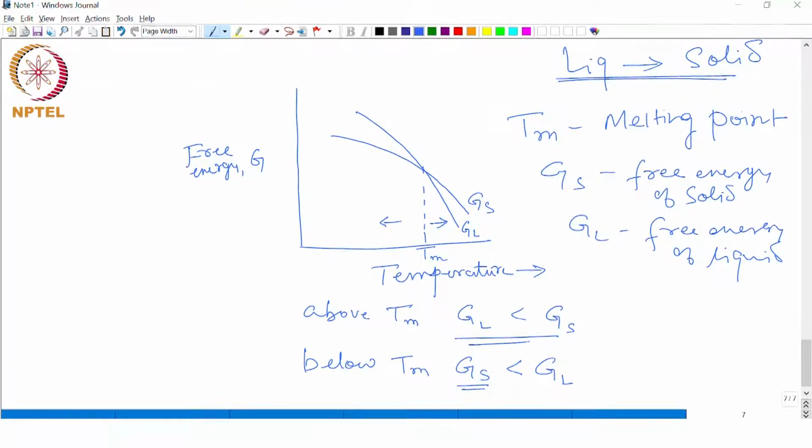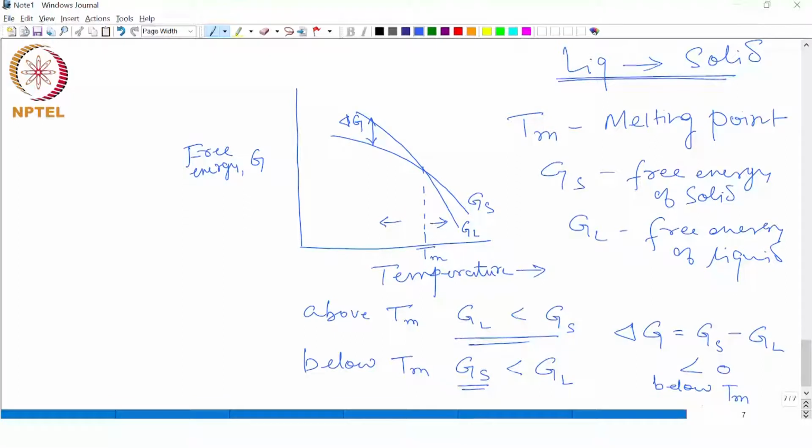So, therefore, you need to see this change in the free energy, delta G, and below the Tm you see that Gs is less than Gl. So, if you take the delta G, that becomes negative below the melting point.